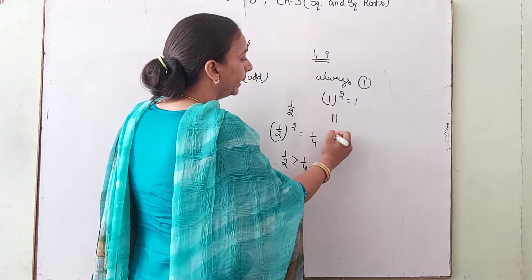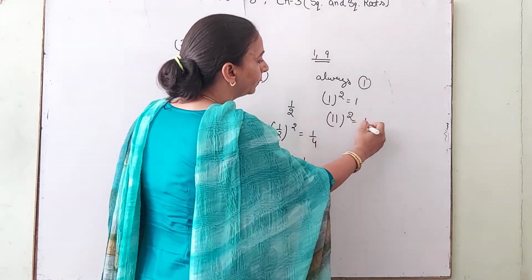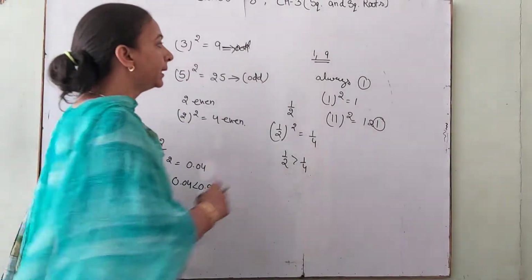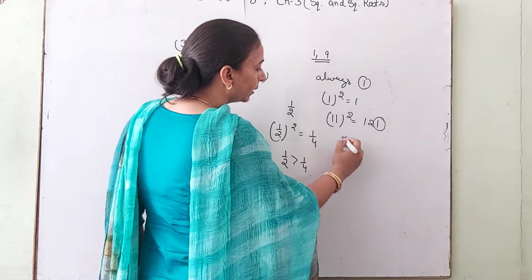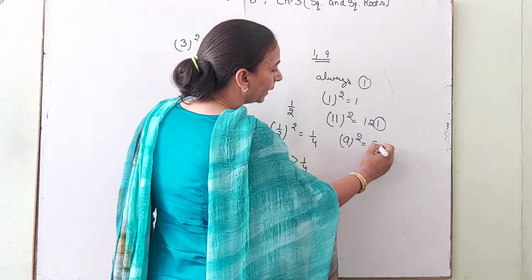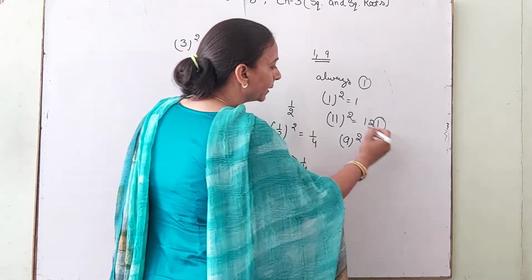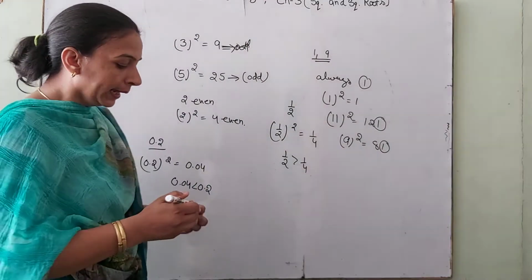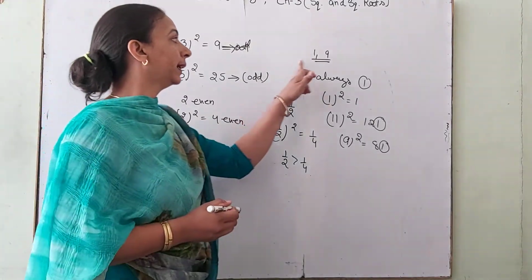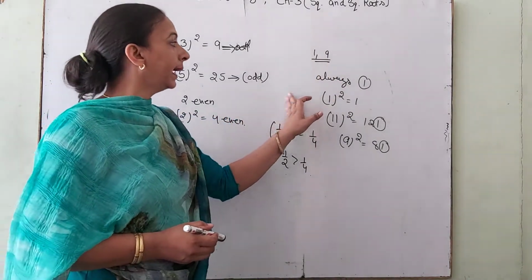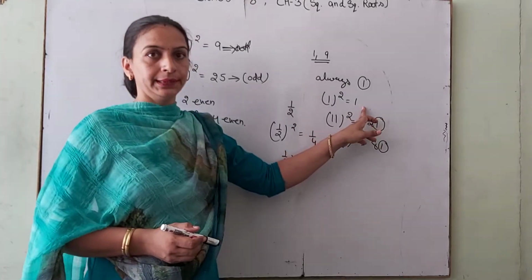If we have 11, the square of 11 is 121, and the unit place is 1. Same if we have 9, the square of 9 equals 81, and the unit place is 1. So if any number ends with 1 or 9, then the square of this number ends with 1.